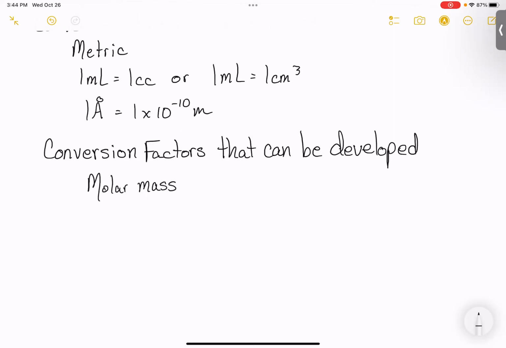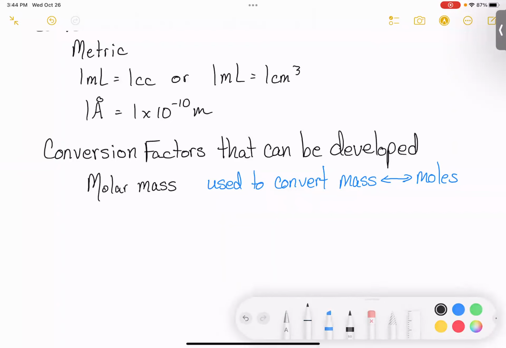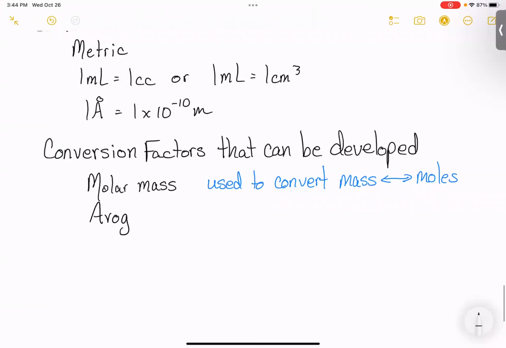We just talked about that one. The molar mass is used to convert mass into moles or vice versa. A second conversion factor that we've developed is Avogadro's number.